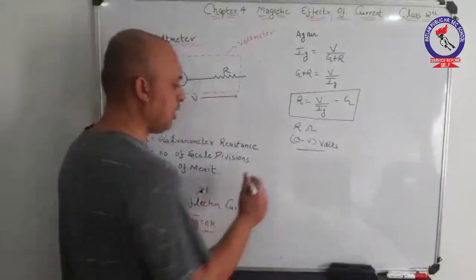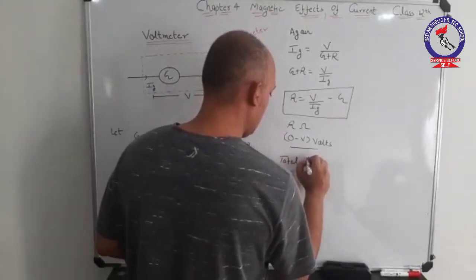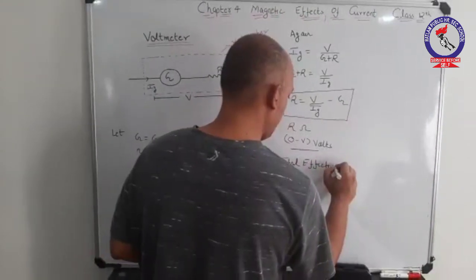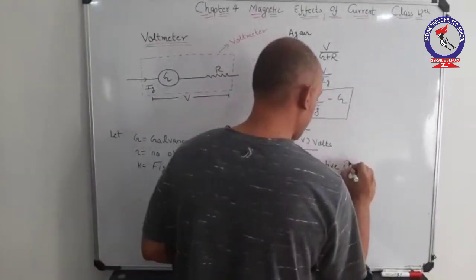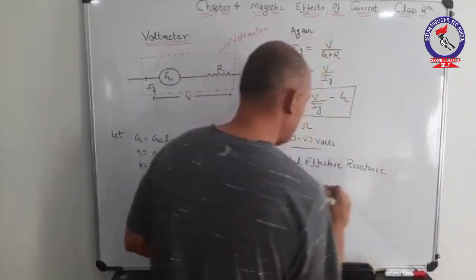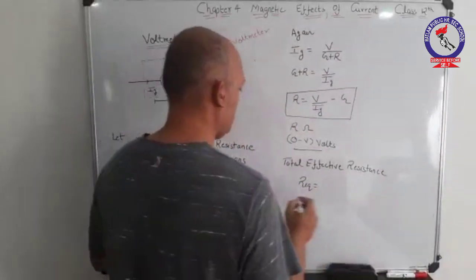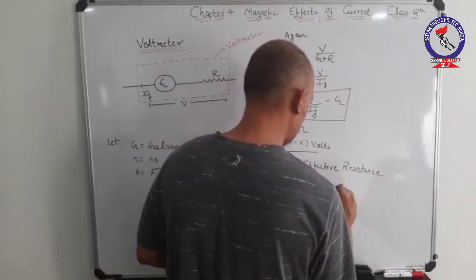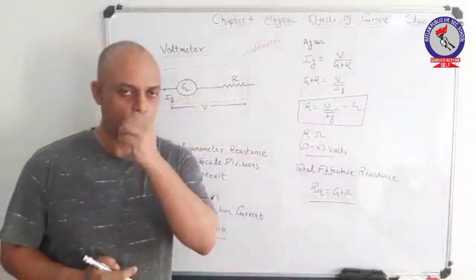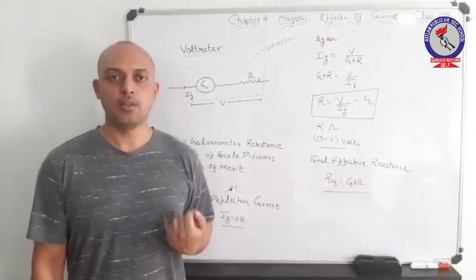Talking about the net resistance, the total effective resistance R equivalent is equal to G plus R. As you have just observed, both the galvanometer and the resistance are connected in series.